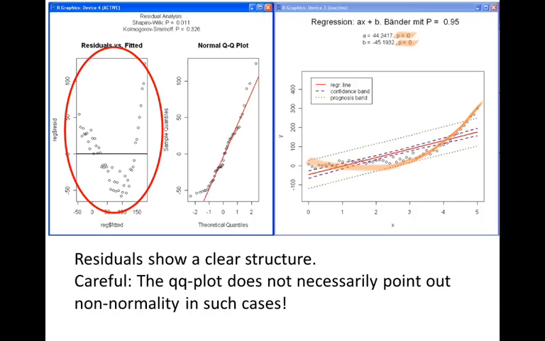Your normality assumptions, at least for Kolmogorov-Smirnov test, are met. The Shapiro-Wilk test realizes that there is something going on. The QQ plot is also a little weird, but what's the most clear indicator for such a nonlinearity is the residual plot, where you see that you have a very clear structure.